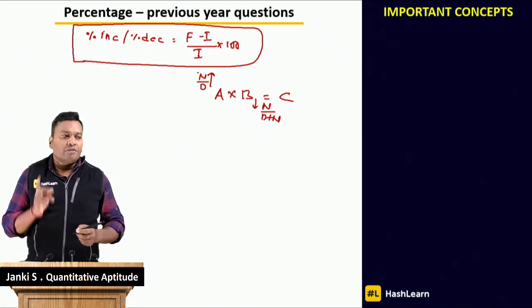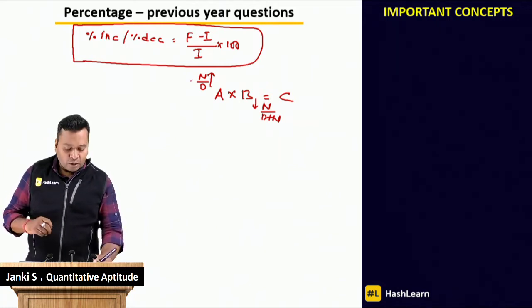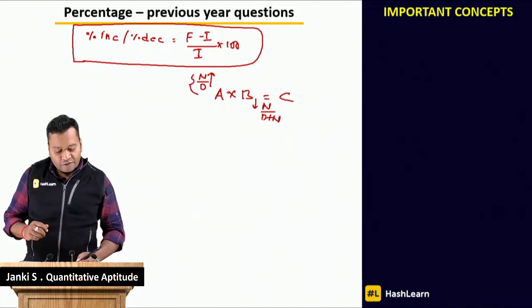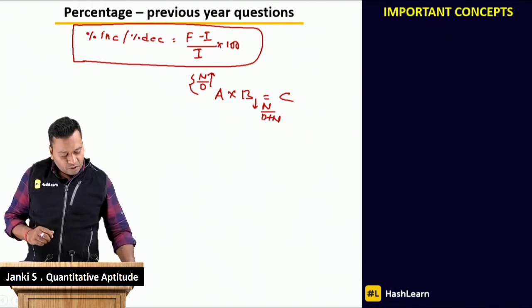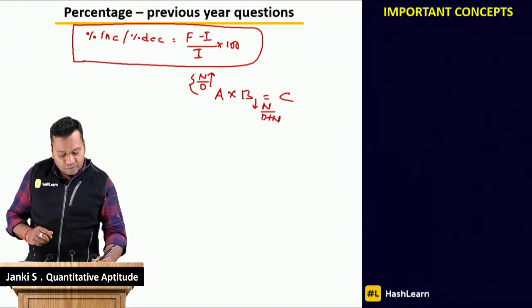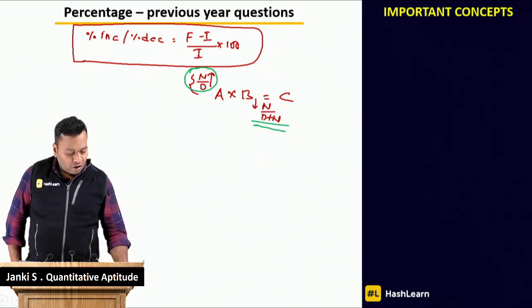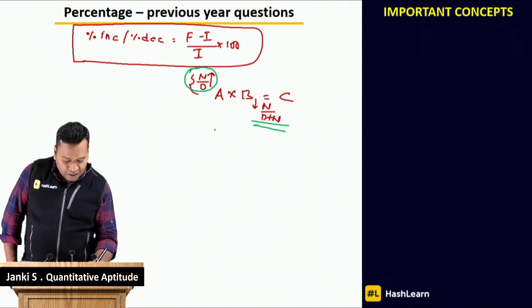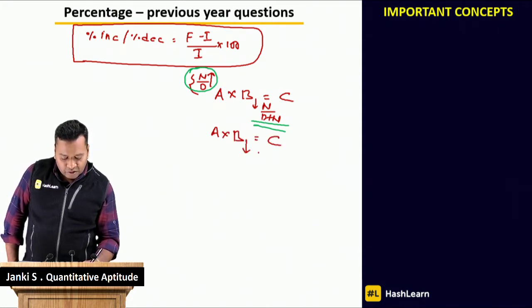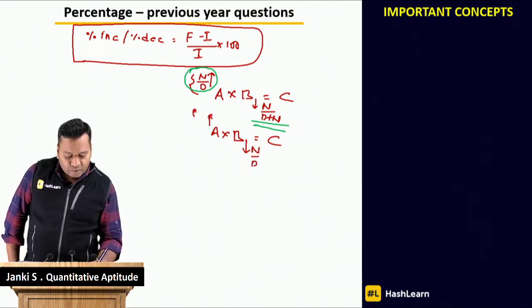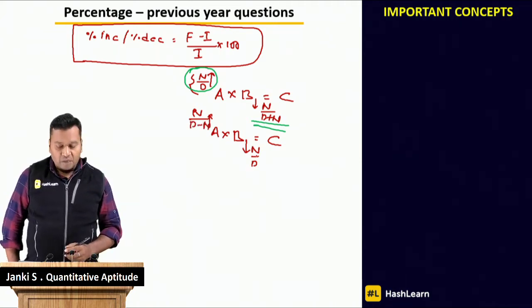If I have the increment available, I'll always get a reduction percentage in this format, or it could be vice versa. Vice versa means here I can say A into B is equal to C. Now if the reduction percentage is given as numerator by denominator, my increment should always be numerator divided by denominator minus numerator, right? That's the important thing which you need to keep in mind.